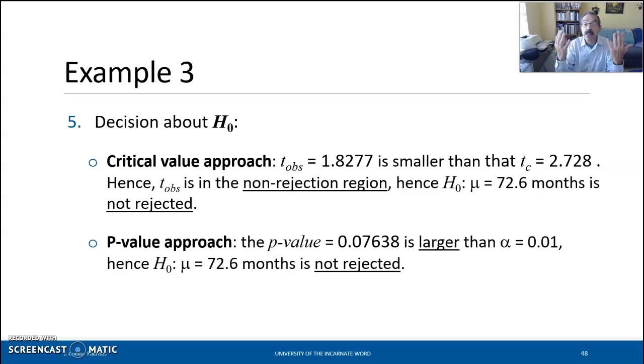That means it's in the non-rejection region. So we do not reject the null hypothesis. The same with the p-value approach. We find that the p-value is 0.0763, which is larger than 0.01. Therefore, we do not reject the null hypothesis.